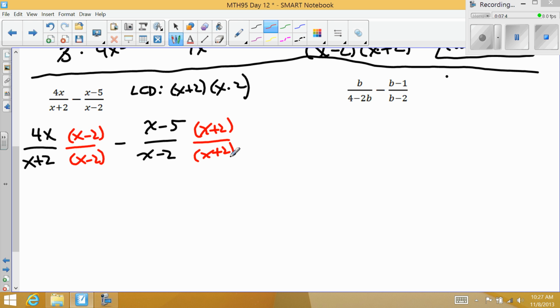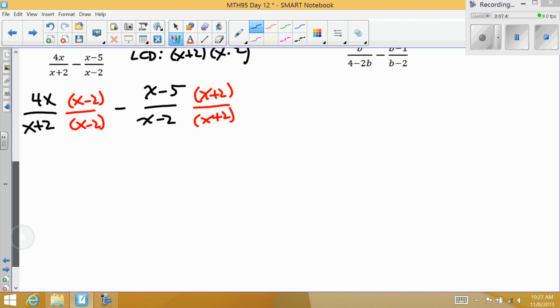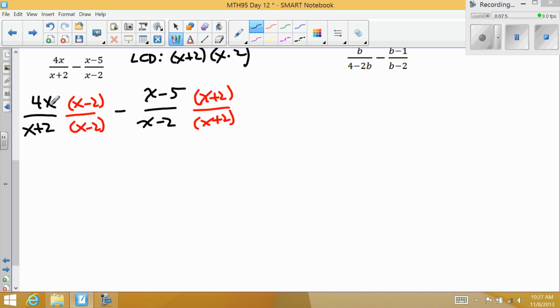I hope you left plenty of room on your paper for this one. So distributing here, I have 4x squared, subtract 8x, 4x times x, 4x times the 2. And this is over my x plus 2, x subtract 2.